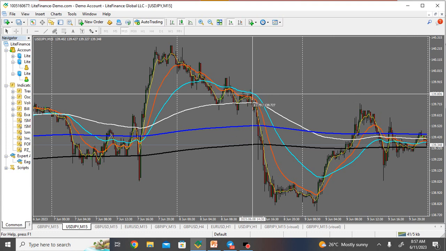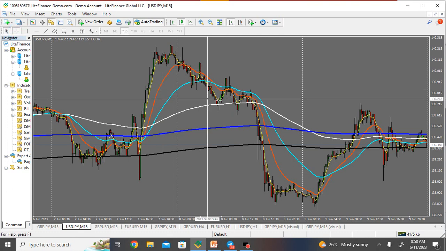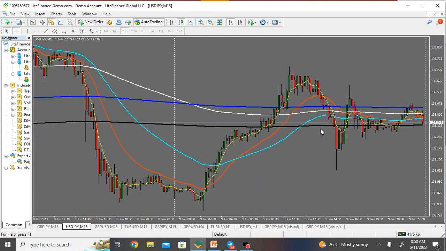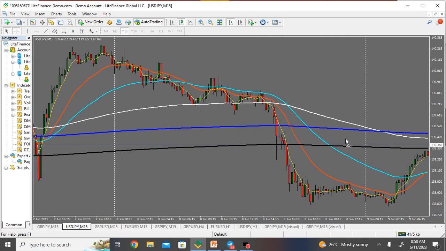For example, this one. The shift candle below was this one. Let me increase the size of shapes. Yes.